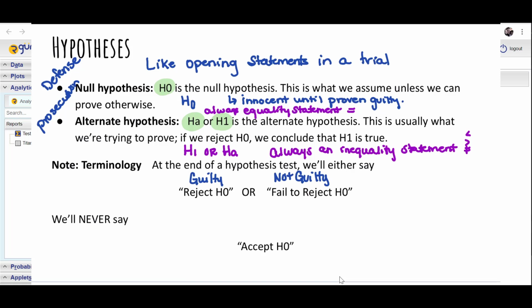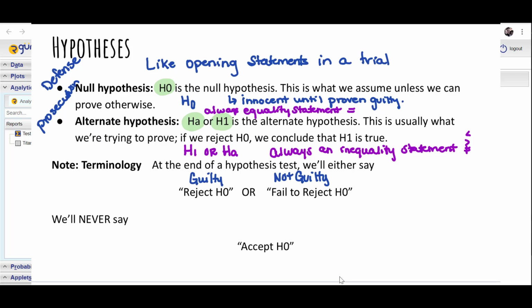So if we find the defendant guilty, we're really saying it's not true, so we're rejecting that statement because we're saying it's false. So if you reject the null, what you assumed was true at the beginning of the hypothesis test, you've proven that it's now false. Same thing as saying it's guilty.